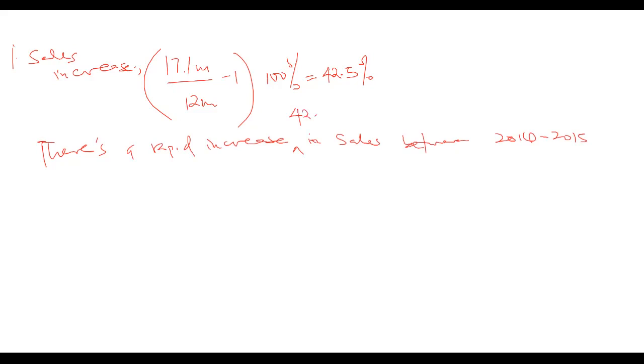Rapid increase in sales of 42.5%. Okay, where should I put this? Rapid increase in sales. I want to put the figure here: 42.5%, between 2014 and 2015. That's the first symptom. Analyze it, discuss.